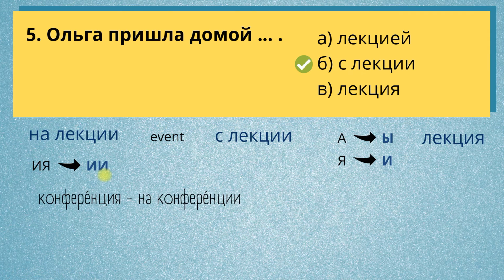The common expression: it's конференция, and if you are there at this conference, it would be на конференции. Конференция is an event, that's why it's preposition на and double и because of the ending. Станция, ия ending, and you will put ии because it's still prepositional case.